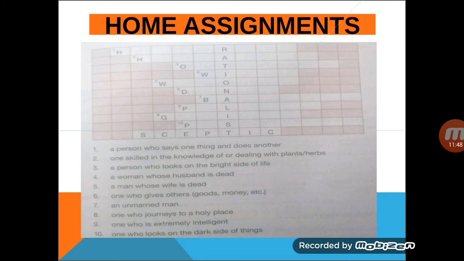These are 10 words, and these are also called one word substitution. Here you can see in number 1 the hint: a person who says one thing and does another. Here are 9 words, and we can use one word in place of these 9 words, and that word is hypocrite. I hope you will do it.